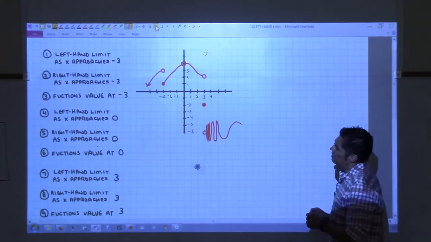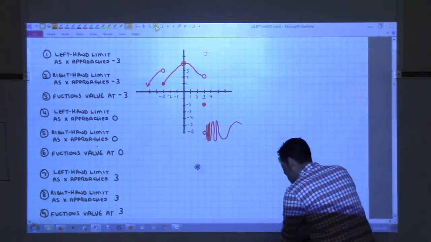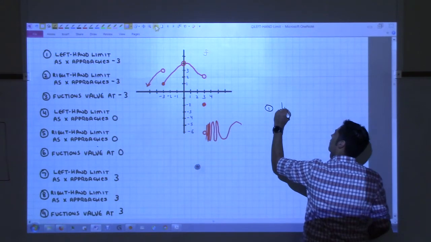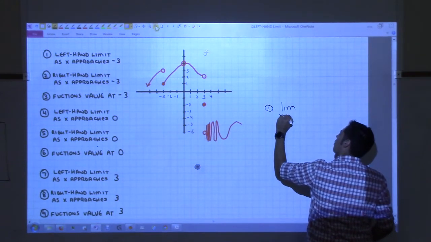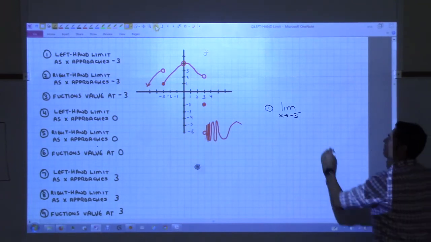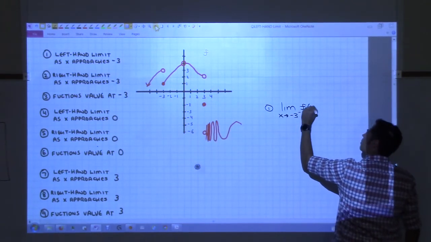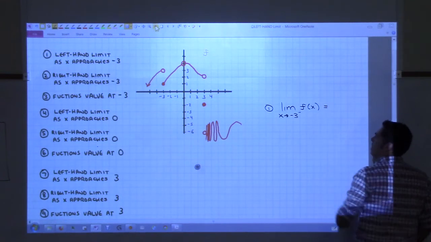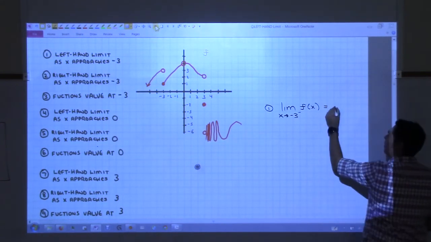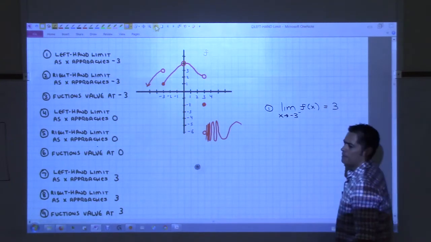So the left-hand limit, number 1, what I was looking for was for you to write lim x approaches -3 from the left of the function f of x equals, now what is it approaching as we approach -3 from the left? 3. It's approaching 3. All right?